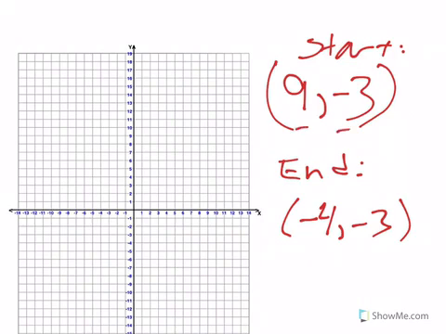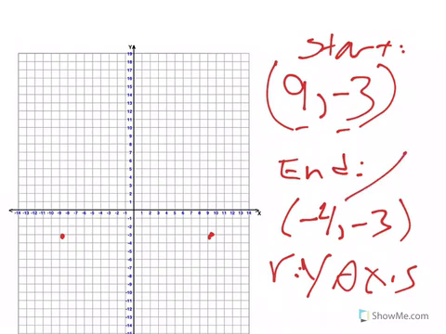So we're going to start at 9, -3. So we'd start at our origin, right? Go over 9, down 3. And if we reflect, I'll just put R for that, over the y-axis, we would end up at -9, -3. That's just with one reflection. We want to end at -4, -3.